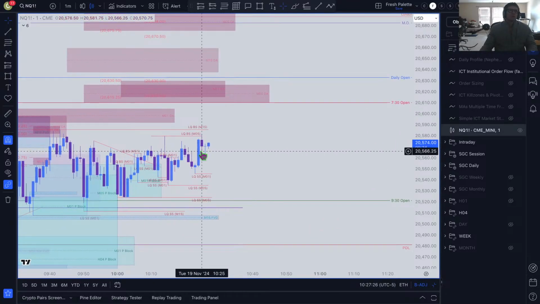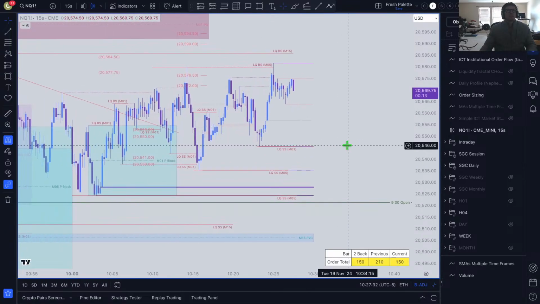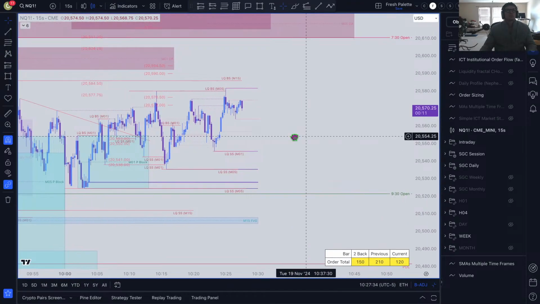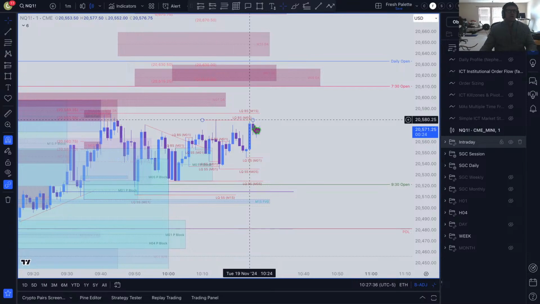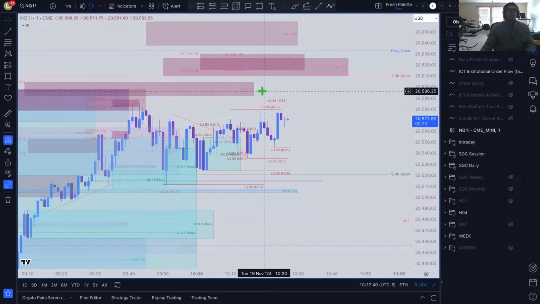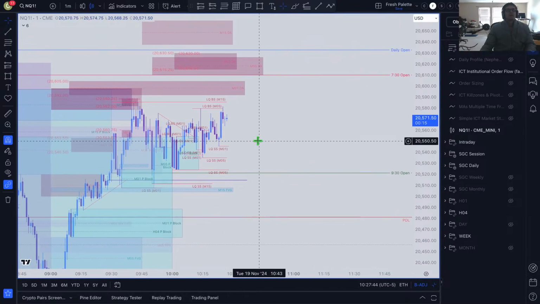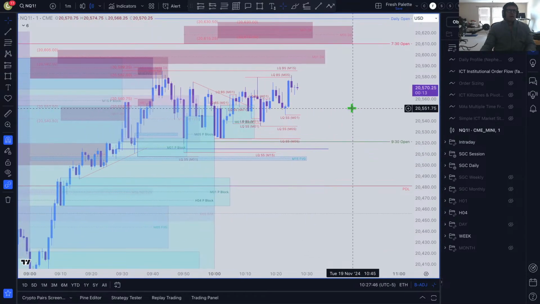So that would be the fair value gap entry on that. You failed to close above that 5-minute liquidity there, so I'm not too trusting of this as the breakout. It does seem imminent. But when?